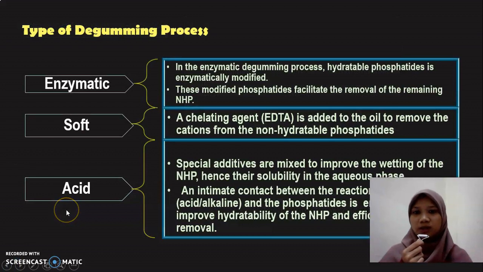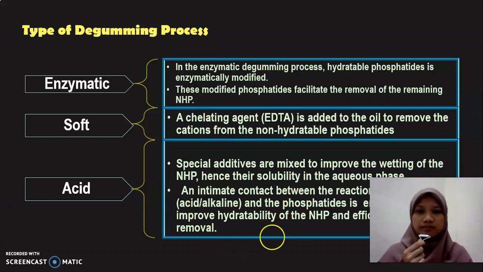Okay, for acid degumming, in order to improve the acid degumming process, a special additive is mixed in to improve the wetting of NHP. Okay, so it will enhance their solubility in the aqueous phase. So when the NHP is wet, it is easier to dissolve in the aqueous phase.